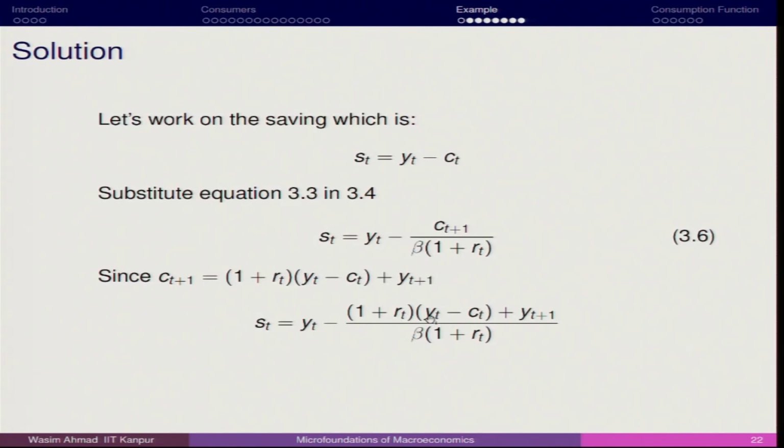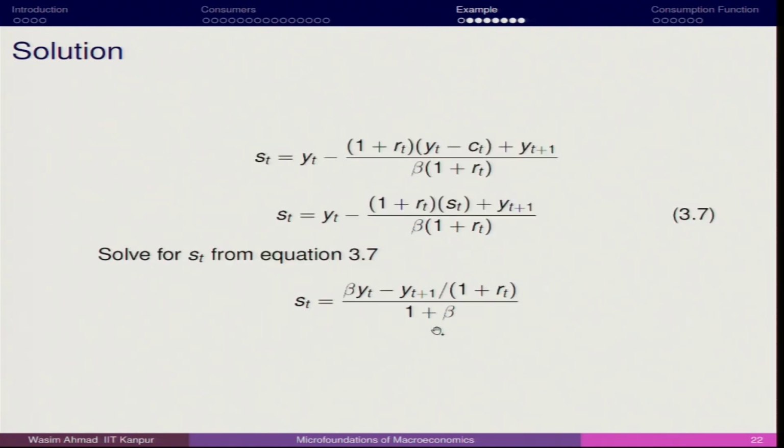So, this is how we try to get it. Finally, we have this expression. If we solve this further, you arrive at this conclusion. So, this is how the saving function can be derived.